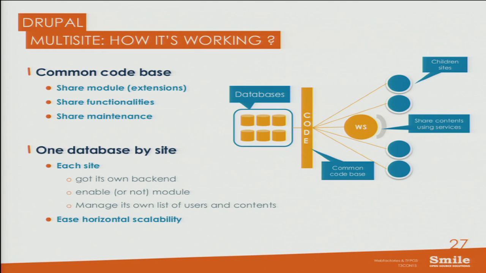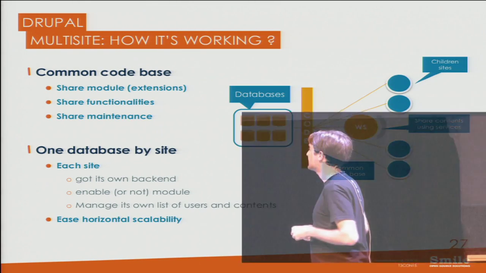You can share code, you can share a lot of things, like functionality, but every website will get its own database. On each website, you will be able to manage content, enable or disable features. Everything is stored in the database. So it just looks like this.